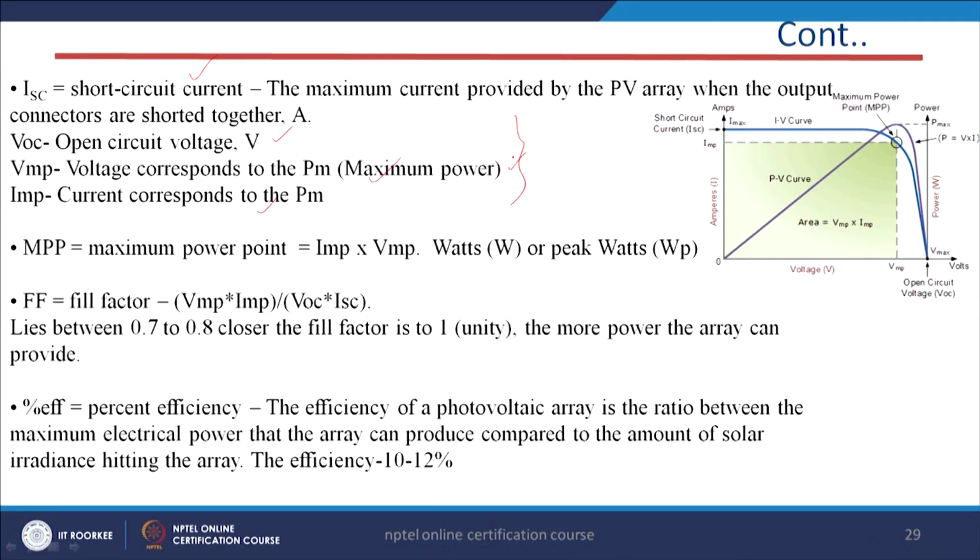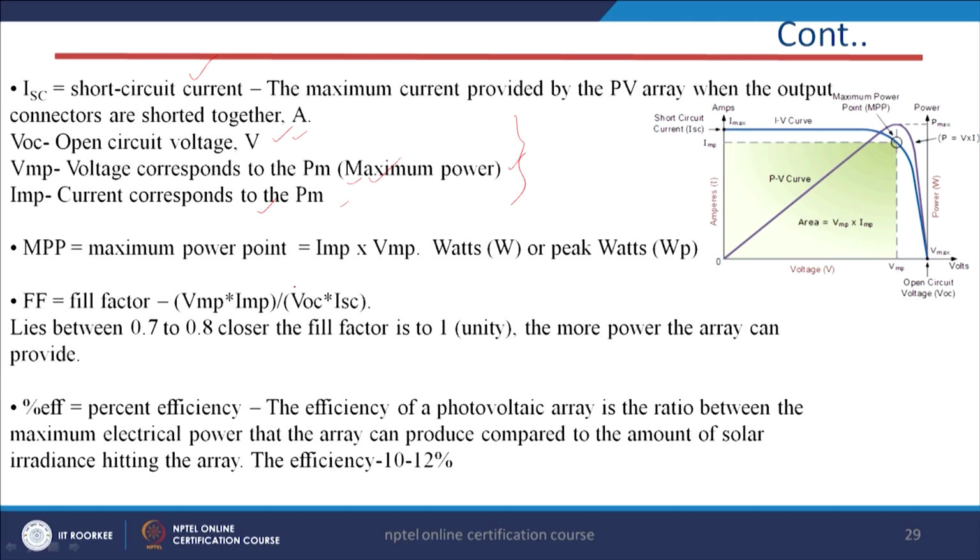For that we need a control strategy, so that maximum power is always available to the load. That is the function of the MPPT, the maximum power point tracking algorithm. And of course, all manufacturers provide specification sheets where I short circuit, V open circuit, and the maximum power point voltage and current are all mentioned.